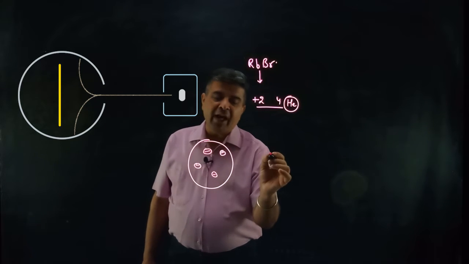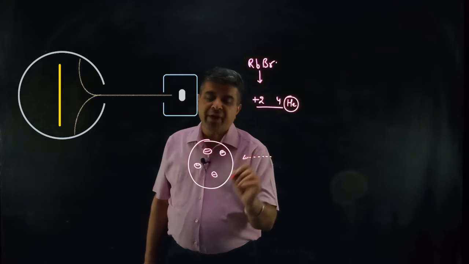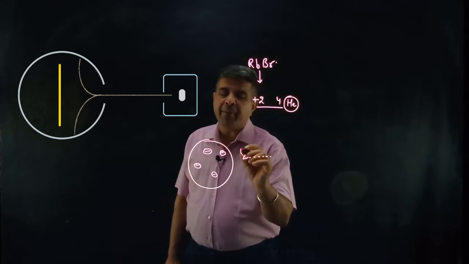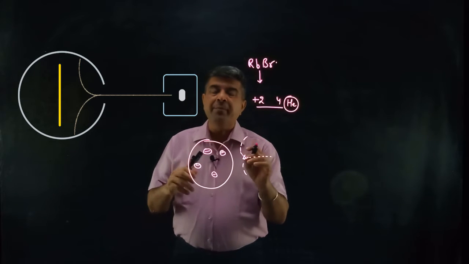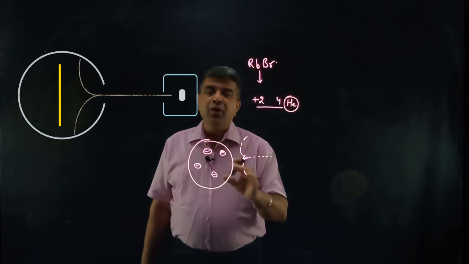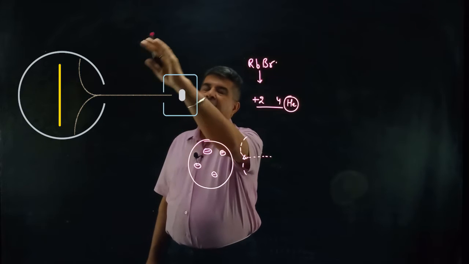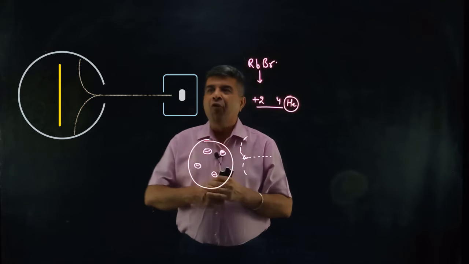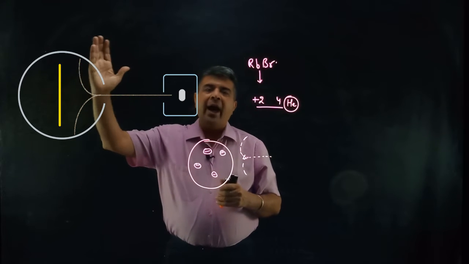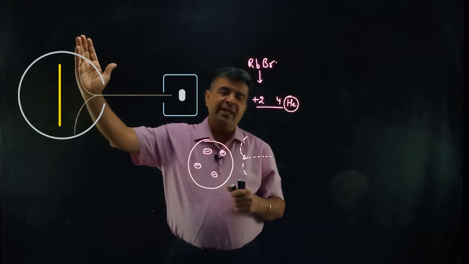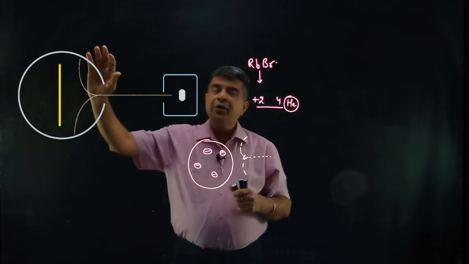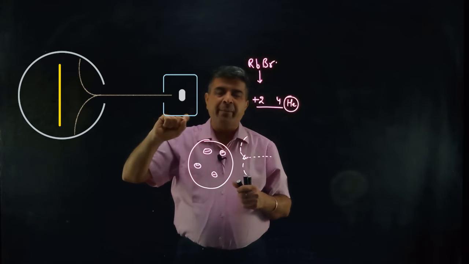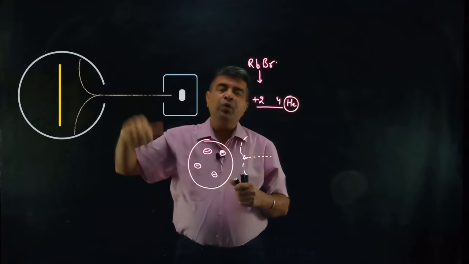So when an alpha particle approached this positively charged species, it would be repelled back because there would be repulsion between two like charges. He expected that the majority of alpha particles would be repelled back, and only a few would pass through the gold foil and hit the zinc sulfide coating to give scintillations. But when he carried out the experiment, the results were totally different.